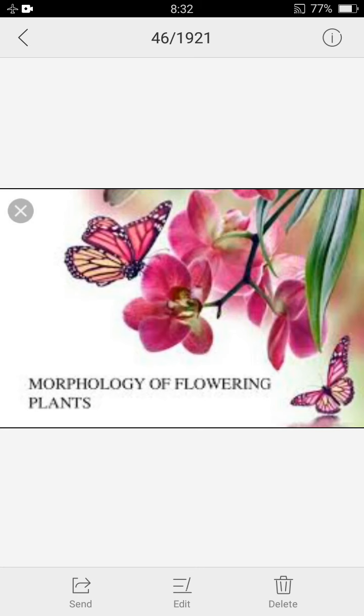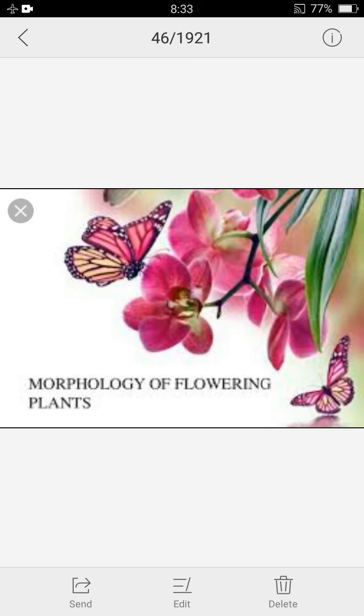But the main function is conduction of water and minerals and photosynthesis by bearing leaves, flowers and fruits.